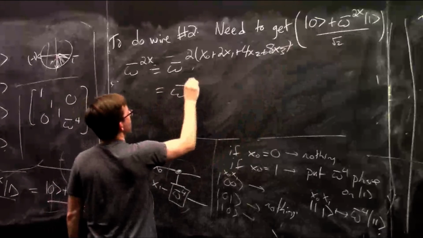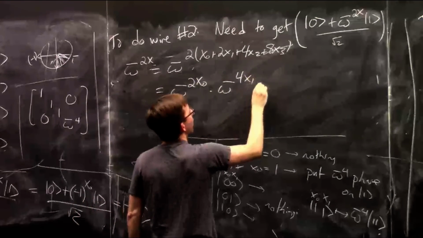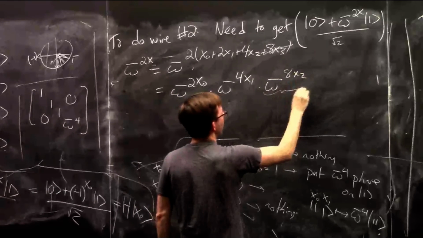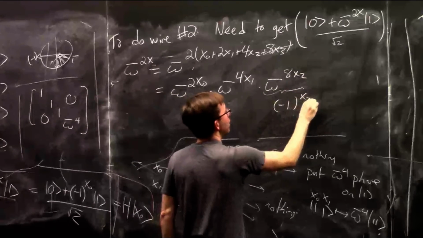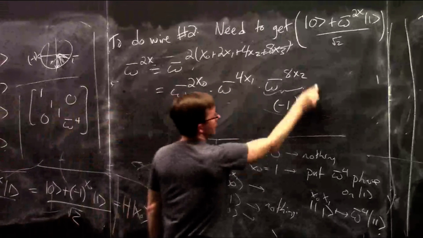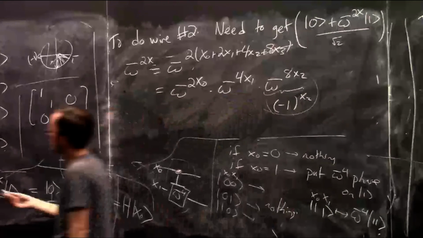So we get omega bar to the 2x0 times omega bar to the 4x1 times omega bar to the 8x2. This is just good old -1 to the x2. And so it's similar to before. We can get this phase plus the whole square root 2 business by putting a Hadamard here.